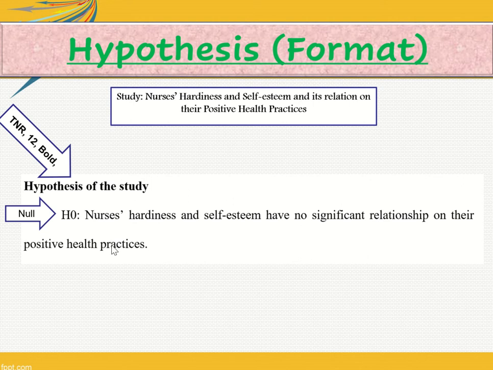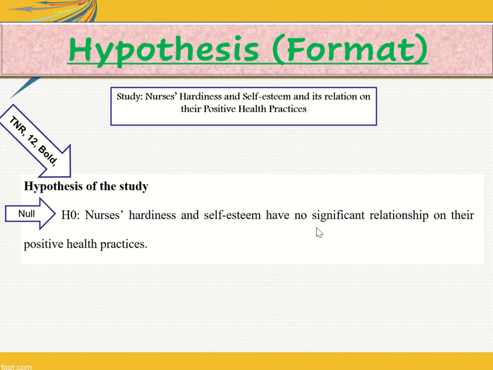So usually kasi in most university, they use the null hypothesis in their hypothesis statement. So in this case, since this is our example, this is our hypothesis statement. Nurses' hardiness and self-esteem have no significant relationship on their positive health practices. So this is a null hypothesis.